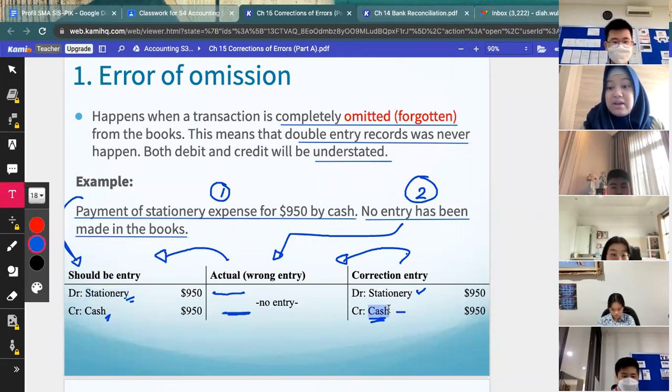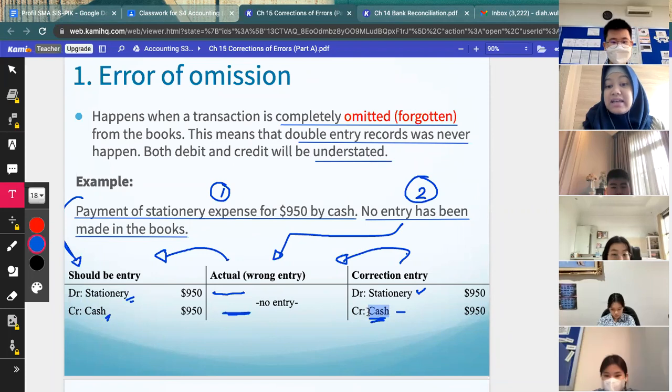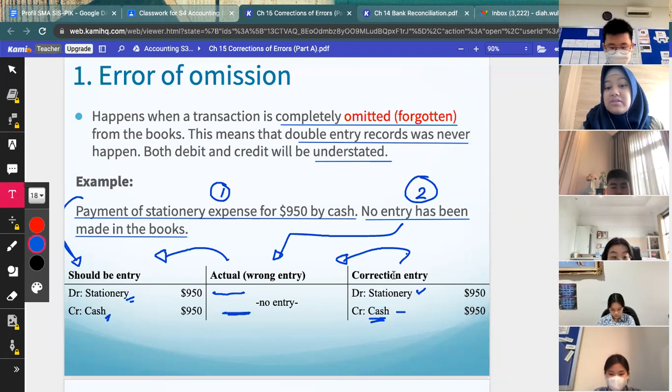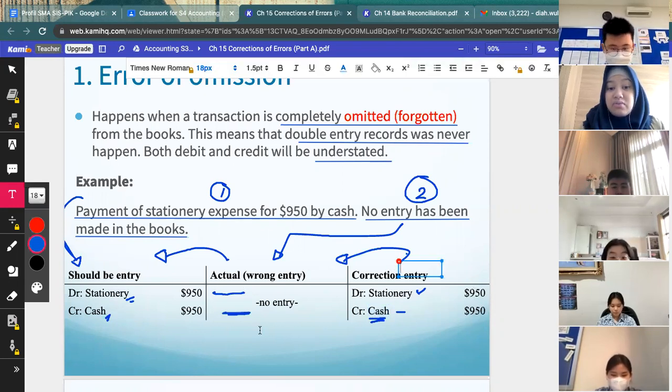We need to make an entry in the credit side, cash 950. Yeah, so this is how you make a correction entry. The correction entry that you create, the new entry, is stationery on the debit side and cash 950 on the credit side. Now, correction entry plus actual entry is equal to the should-be entry. Yeah, so you have made a correction.